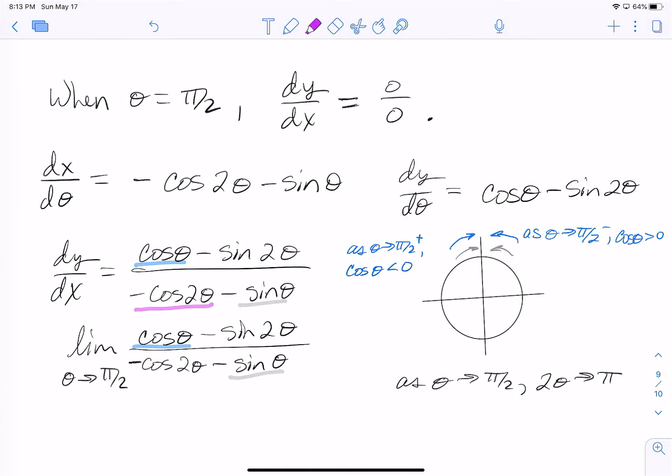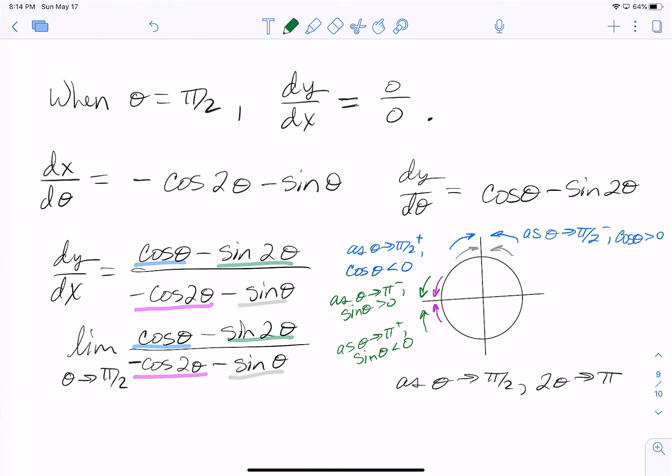Now when we consider 2 theta going to pi, when we look at the cosine function, whether we approach pi from values less than pi or values greater than pi, the cosine function is negative. No big deal there. But we have that same deal with the sine function as we did earlier, and that is as theta approaches pi from the minus side, the sine of theta is positive, but as theta approaches pi from the positive side, so angles greater than pi, the sine of theta is negative.